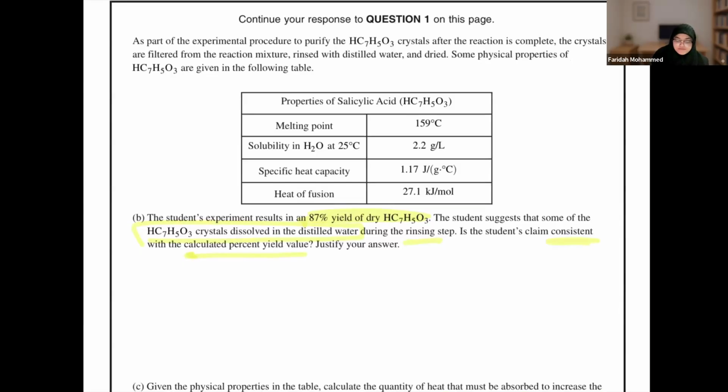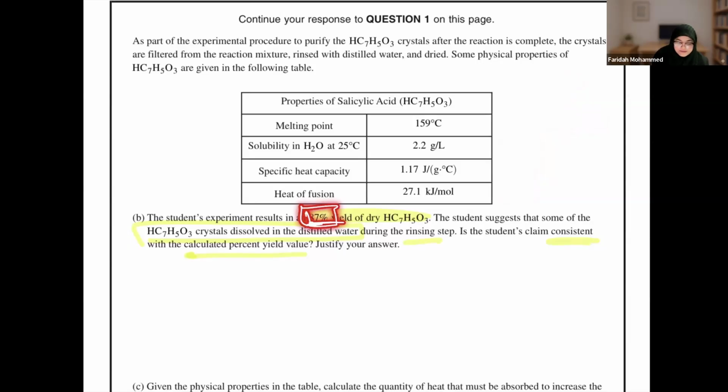See, when you rinse, after the student filters this crystal, he or she rinses with distilled water. So what's going to happen? Some of the crystal mixes with water and leaves the crystal. So there would be less of the crystal, so you have less of the yield. That's why it's not 100%. Instead, it's just 87%.